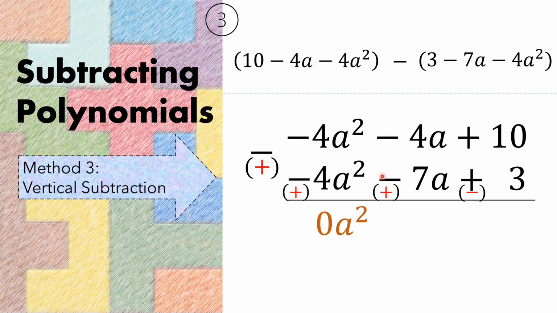Negative 4a plus positive 7a is positive 3a. And then 10 plus negative 3 is plus 7. The final answer is 3a plus 7.